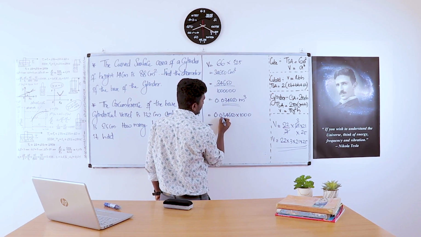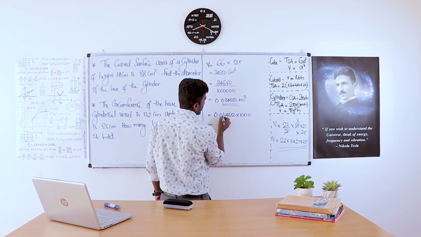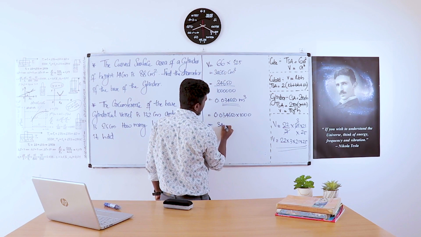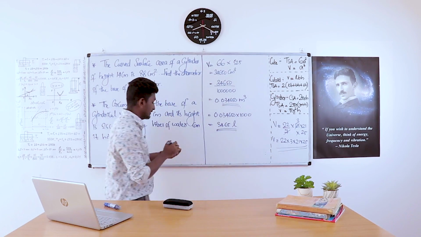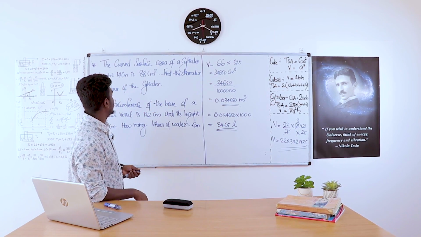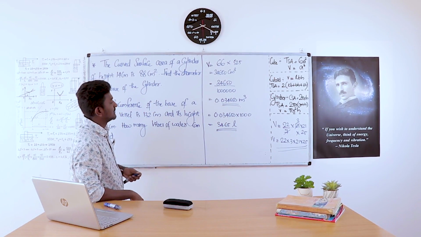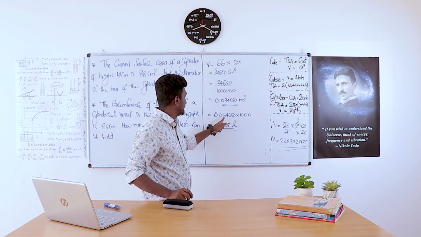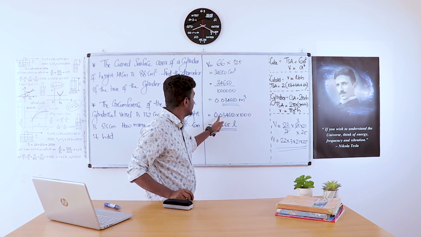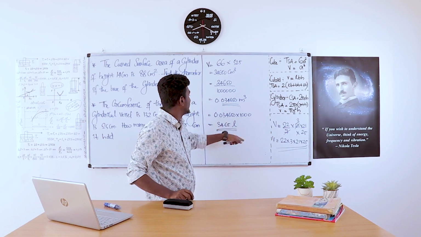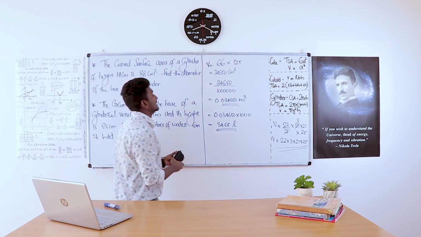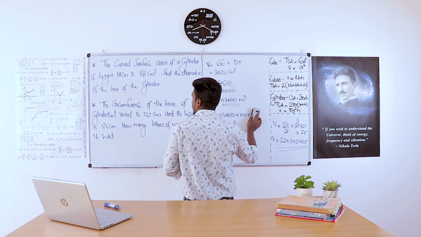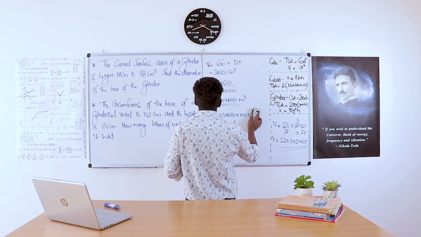What is the answer? 1, 2, 3. 34.65 liter. Clear? When it multiplies with 1000, just move the decimal 3 places towards the right. So 1, 2, 3. And it becomes 34.65 liter. Clear? This is the amount of water that it can hold.